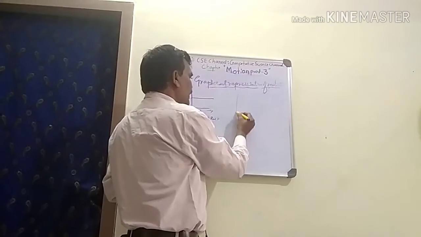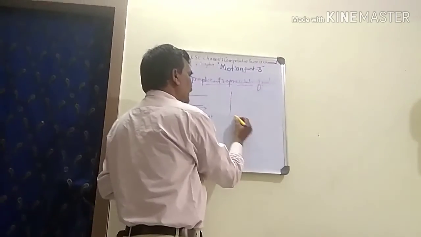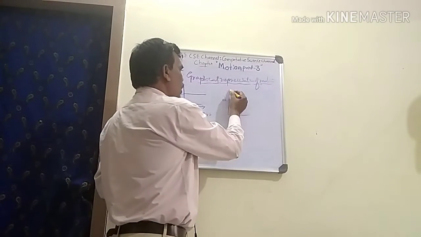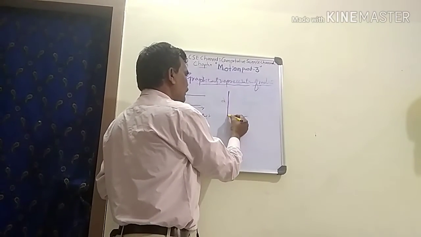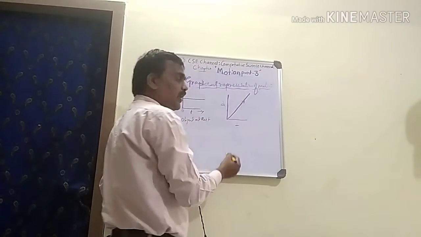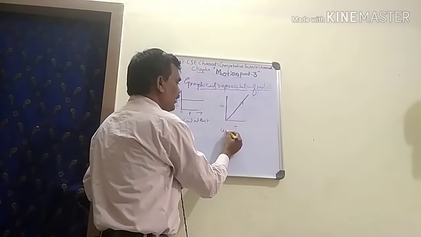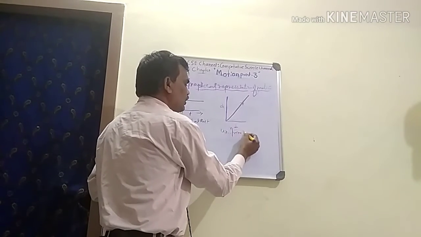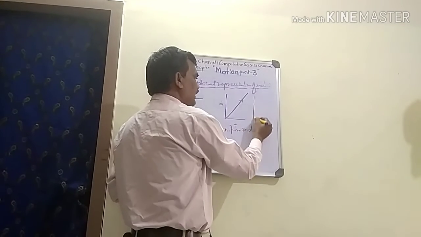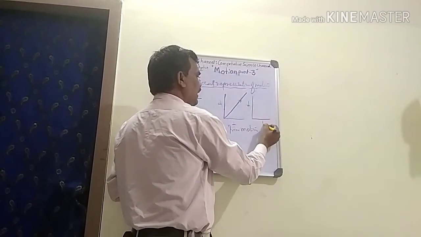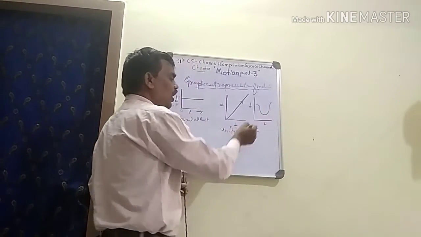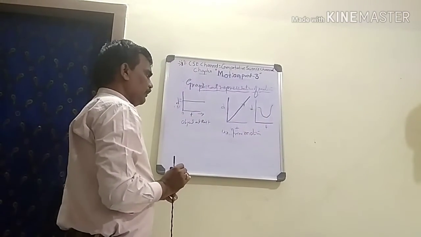But here the distance, here the time taken, if the object goes on changing uniformly like this, it is called uniform motion. Then if the distance here like this, time taken like this, if the graph comes like this, this is called non-uniform motion.